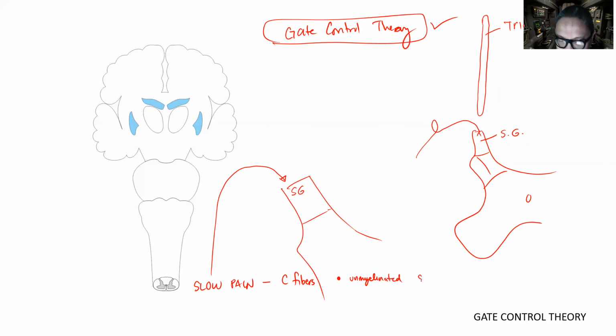They are slow, that's why they're called slow pain. And then you have fast pain or fast mechanoreceptors, touch, crude touch. They're carried by delta fibers. They're bigger and they're myelinated.